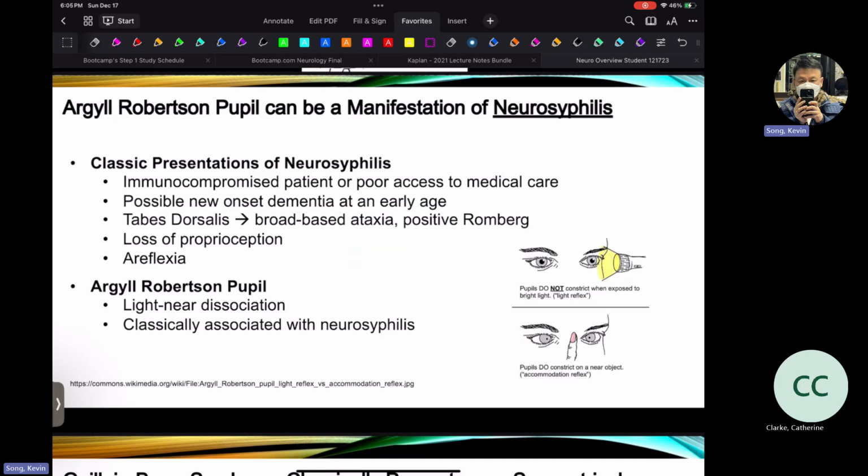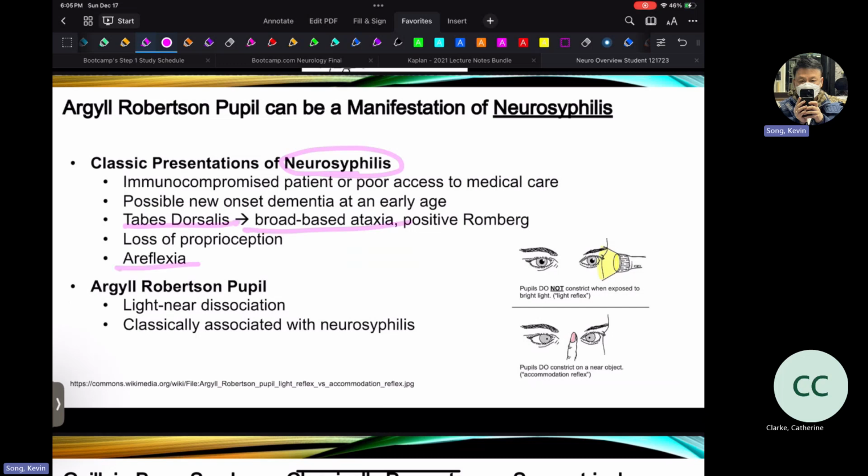So what I'm going to do is highlight the keywords that you need to know. For instance, I'm going to use this highlighter on neurosyphilis, tabes dorsalis, and the broad-based gait.